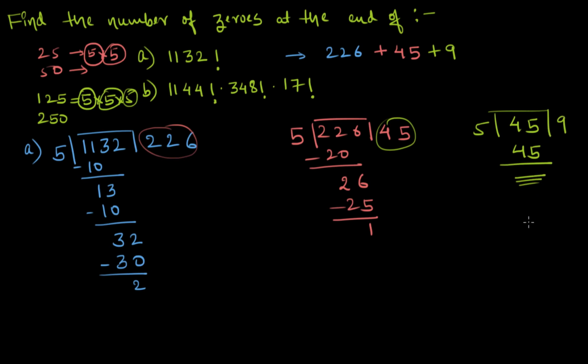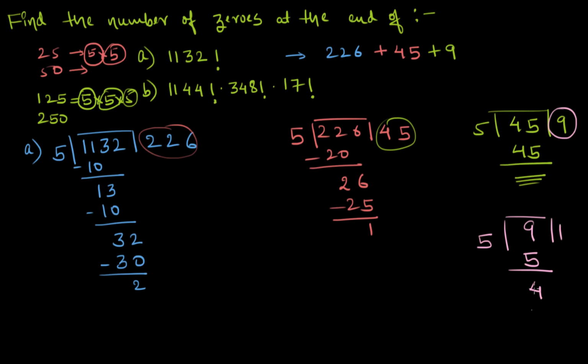So this 9 I have here, I'll again divide by 5. So 5 1s are 5 and I got 4 as a remainder. Now I cannot move forward because whenever I divide 1 by 5, I'll get 0 as a quotient.